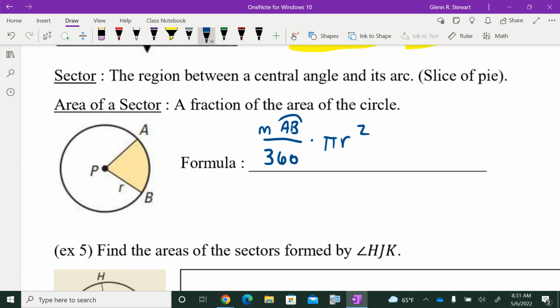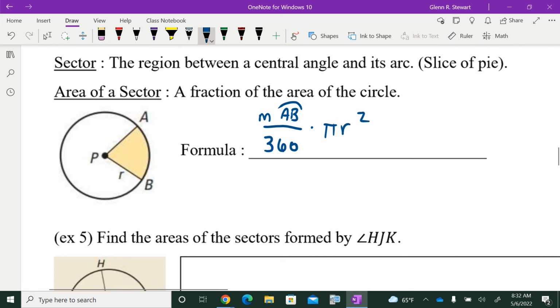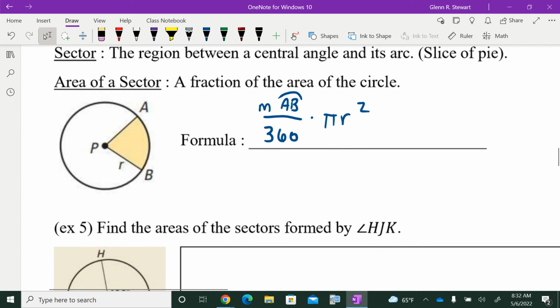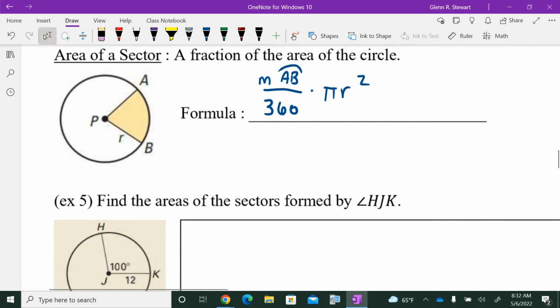So if we can find out what the degree is, divide by 360 and then multiply by our area formula, then we should be good in order to find that slice of the pie. Let me take you through example number 5.